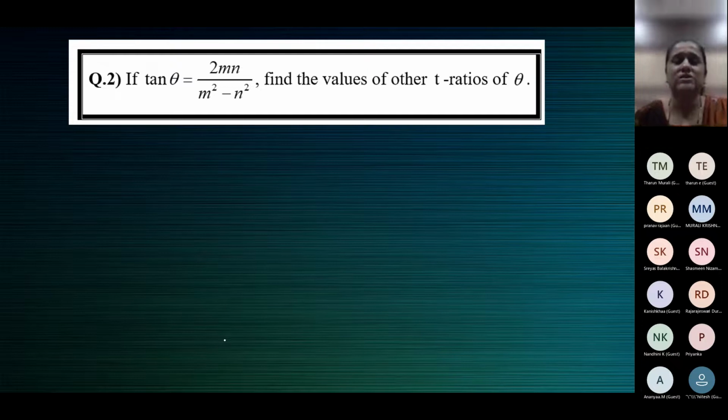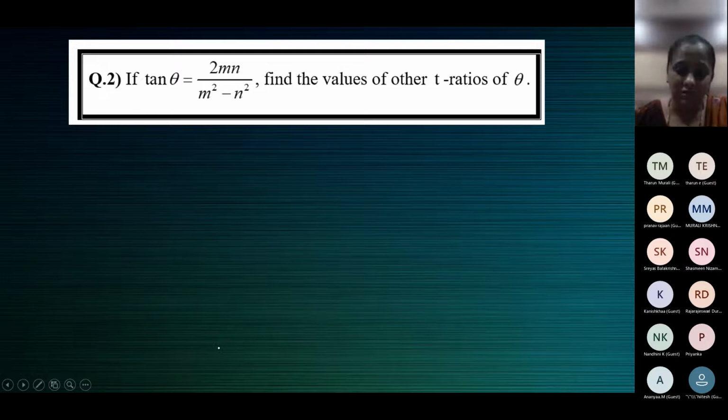So we have the 3 basic ratios, sine theta, cos theta, and tan theta. If you have these values, the reciprocals will be cosecant theta, secant theta, and cot theta. Now you can find the values of other T ratios of theta in more than one way.